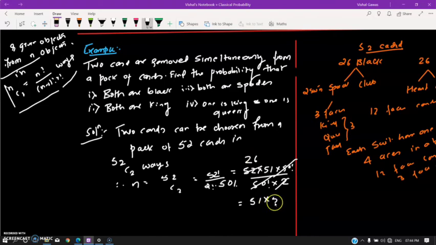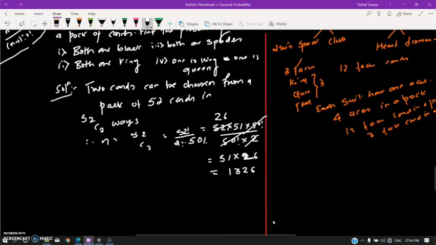So 51 into 26, which gives 1326. These are the total number of outcomes, but you don't have to worry about that because we're going to cancel it anyway. We calculated it just for your reference.